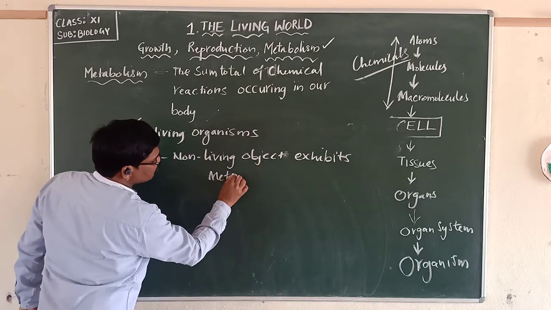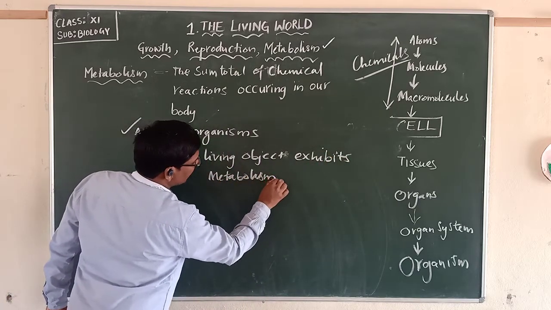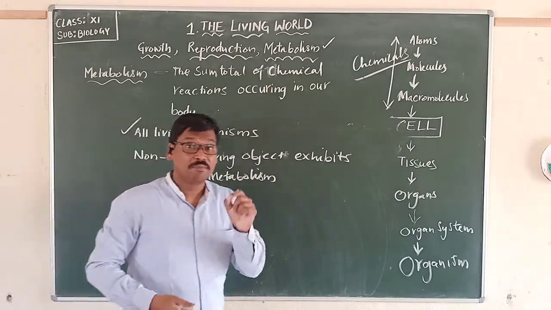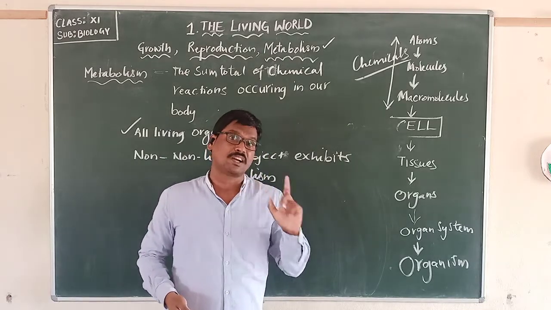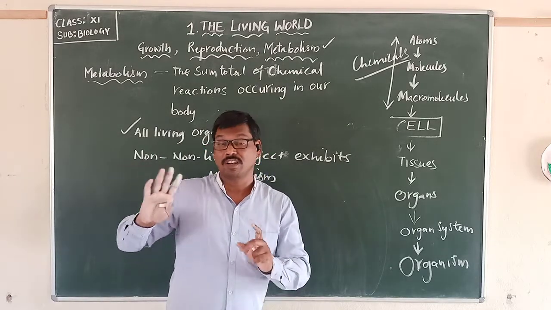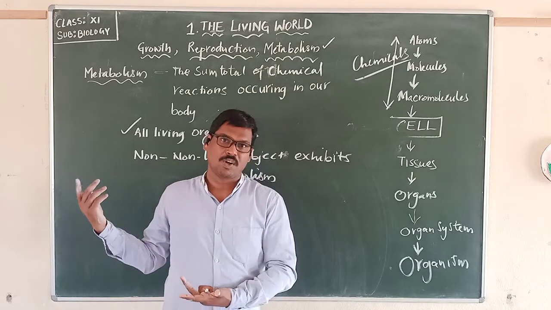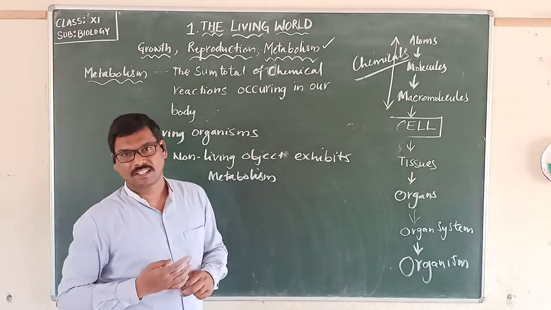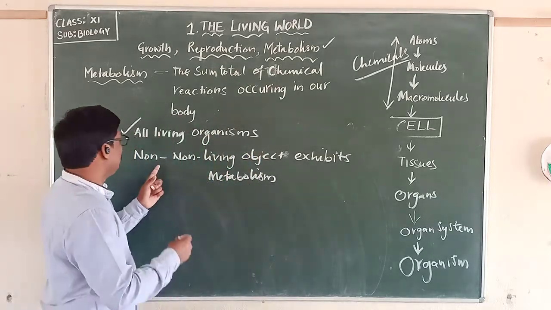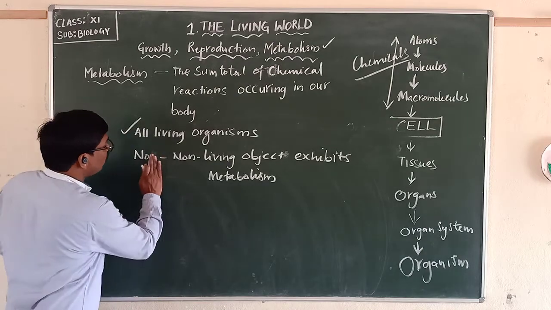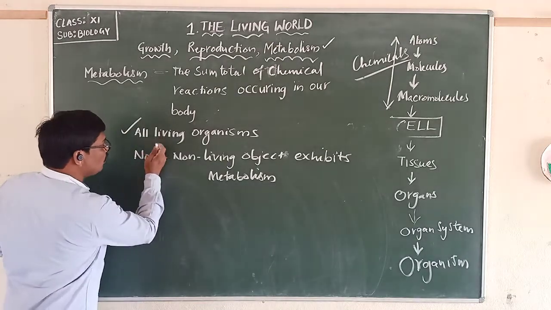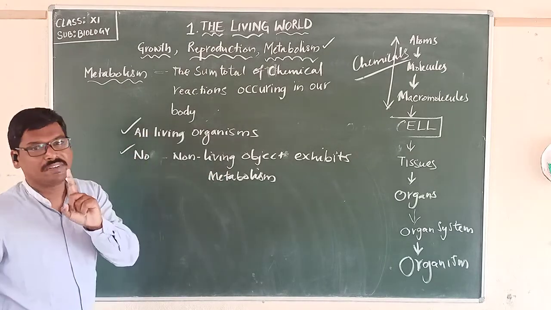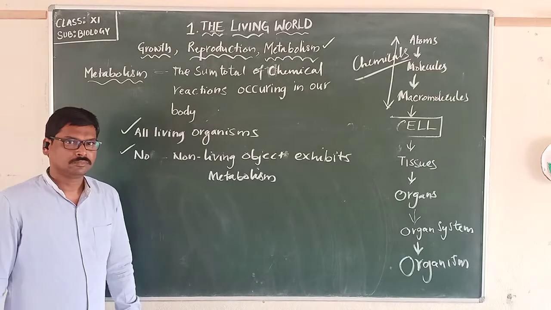This is a very simple point we have to make note of. We should be careful, because now we have to prove whether metabolism is a well-defined characteristic of living organisms or not, and no other organism or non-living thing should exhibit this characteristic. If they are exhibiting it, we cannot say that this is a well-defined characteristic. So let us remember there is no non-living object that exhibits metabolism.